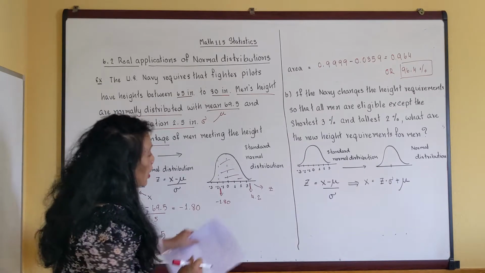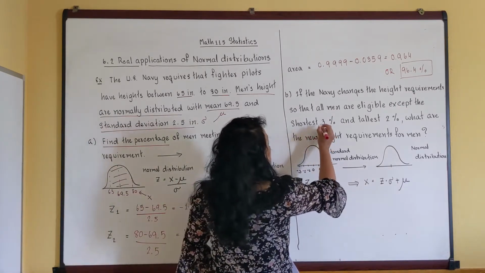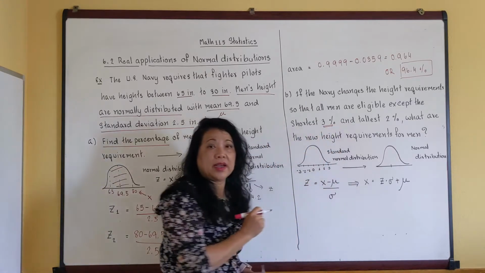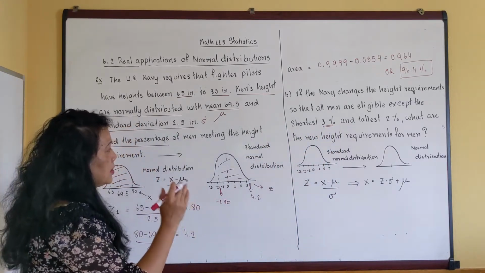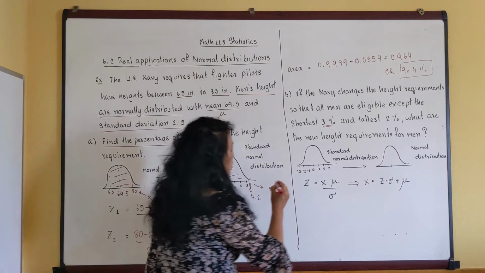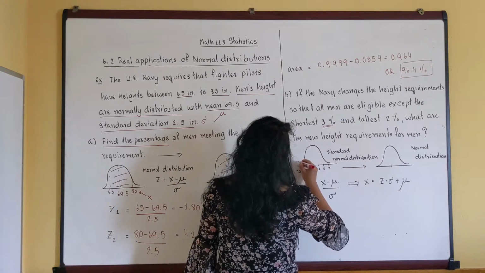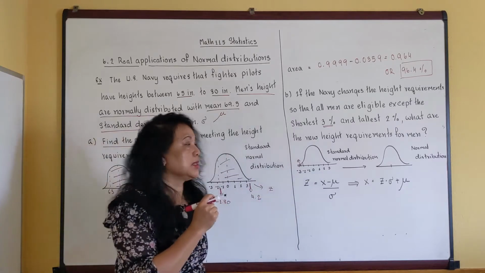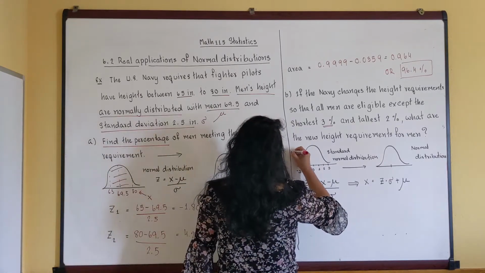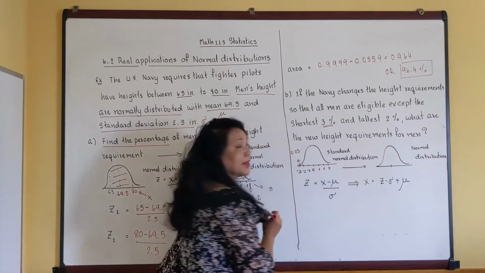The shortest 3% is the area, and the shortest is to the left, so it's very small. We don't know the z-score, but I'm going to convert 3% to a decimal, 0.03.